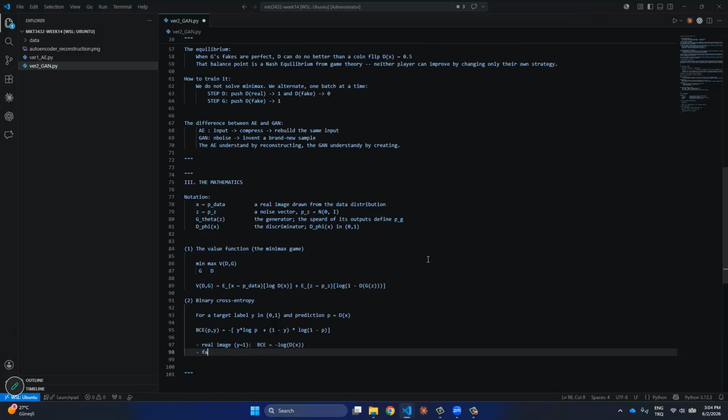And for the fake image, y is equal to 0, and so the BCE is equal to minus log of 1 minus D(G(z)).